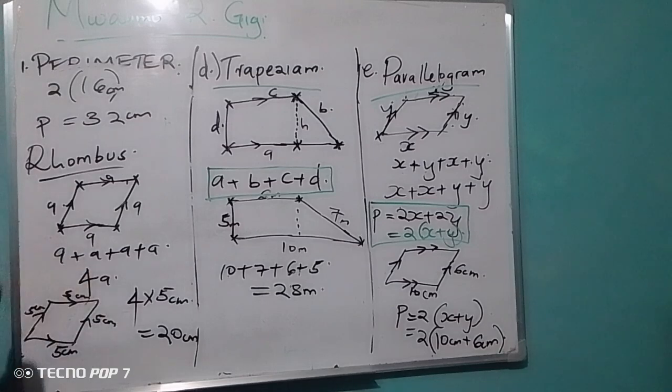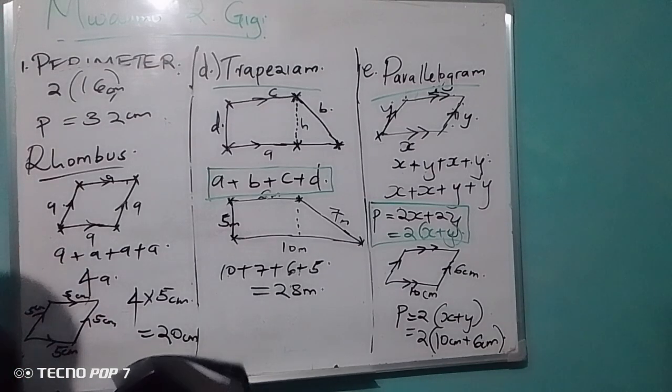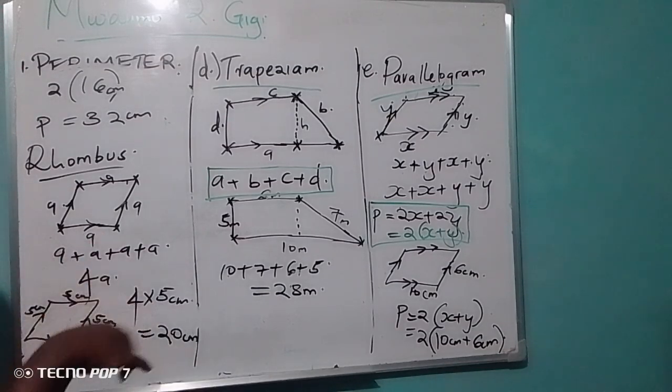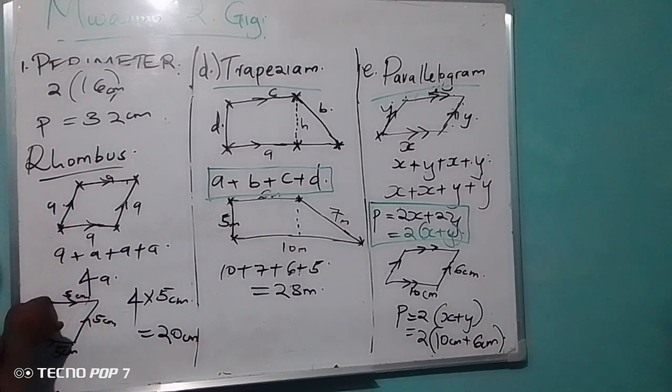So the perimeter of a rhombus is 4A. Yani 4 times A. So it's 5 plus 5 plus 5 plus 5. Okay? Sawa.